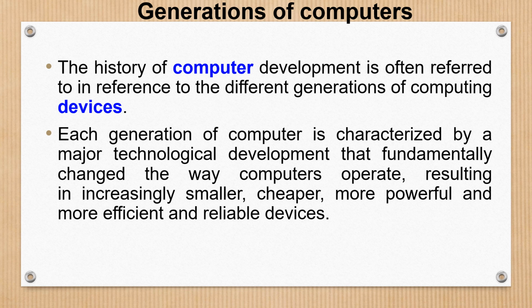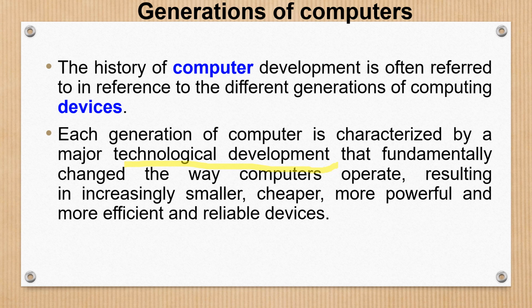The history of the computer starts from the development of computing devices, and it is divided into different generations based on their characteristics. Each generation of computers is characterized by a major technological development that fundamentally changed the way the computer operates, how the results are displayed, what the size of the devices is, what the cost of the devices is, and how powerful the devices are.